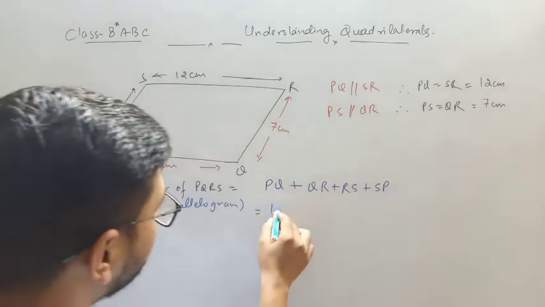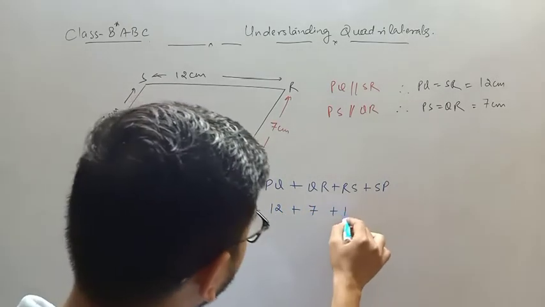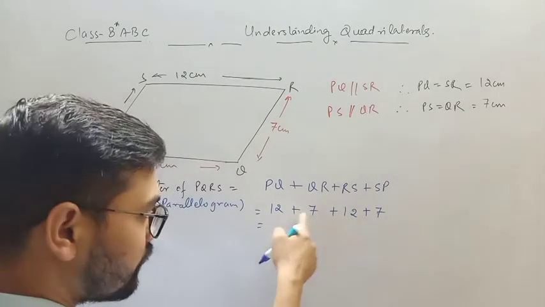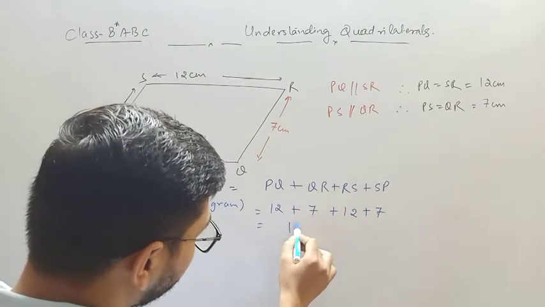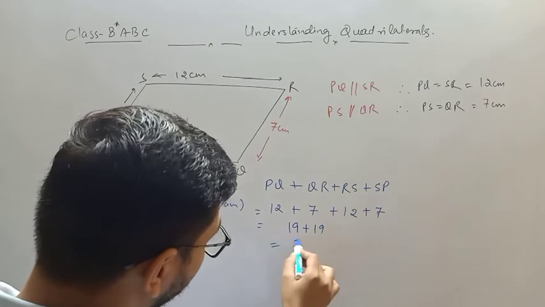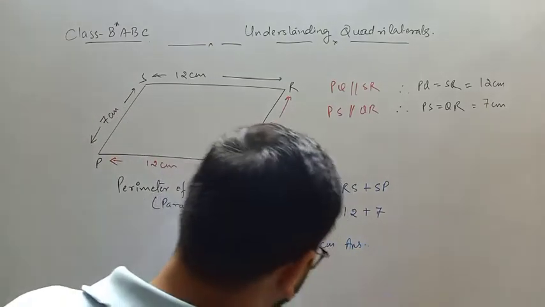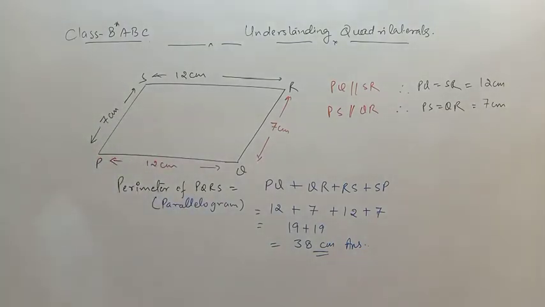So PQ is 12, this is 7, this is 12, this is 7. So 12 plus 7 is 19, and 19 plus 19 is 38 centimeters. So this is the perimeter of this parallelogram PQRS. Please note it down fast.